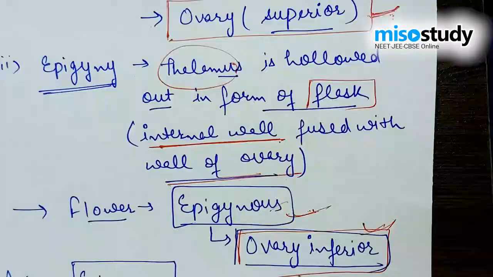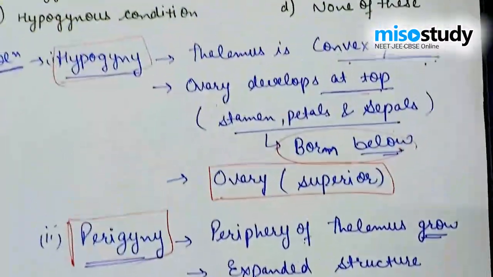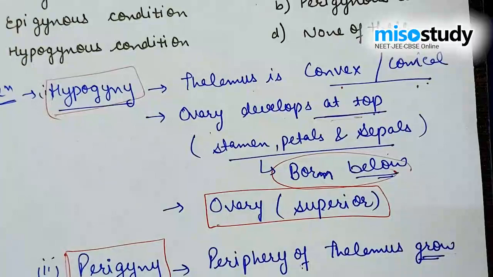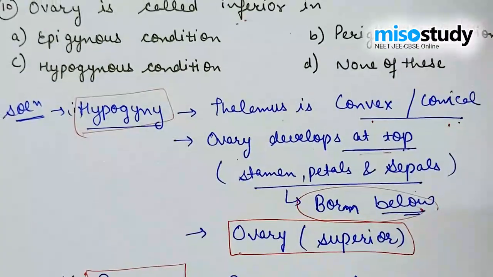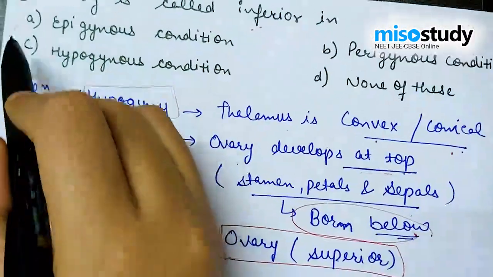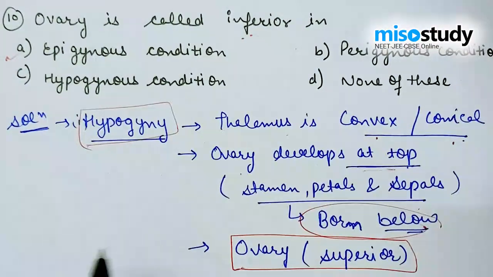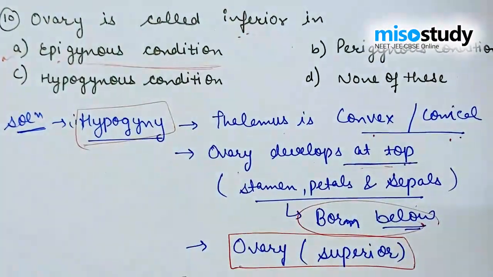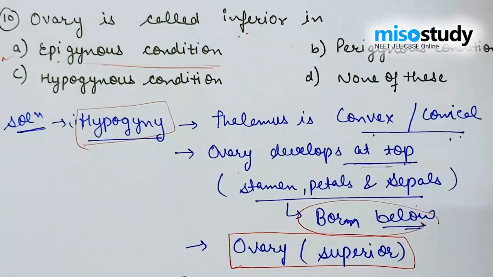And our question is asking about the condition in which the ovary acts as inferior. So the right answer is option A, the epigynous condition, the condition where the ovary acts as inferior and the other flower parts like the stamen, petals and sepals are superior to it. And why is it so? Because here the thalamus wall is attached with the wall of the ovary. So the right answer is epigynous in this case.